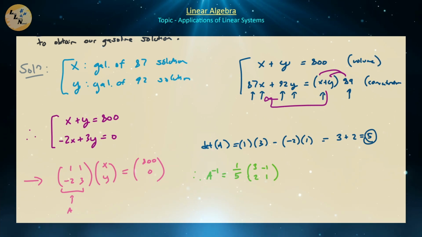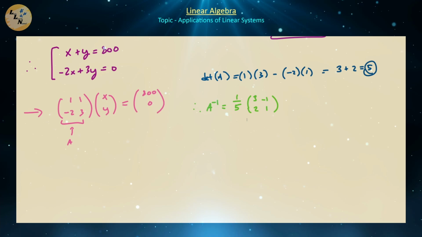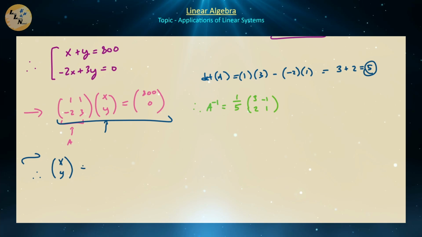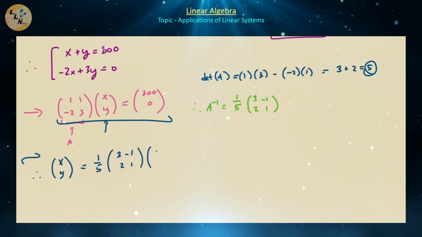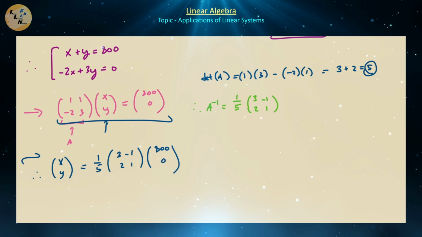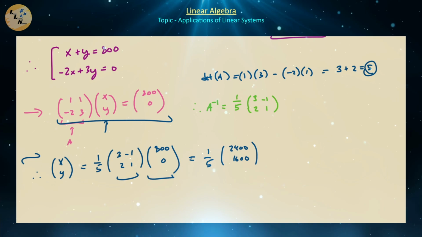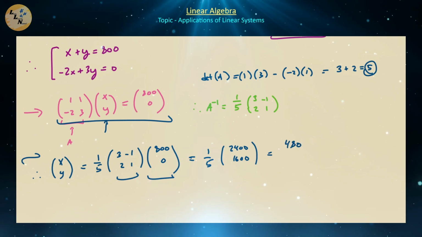So that's the inverse of our matrix A. If I want to solve this equation for x, y, I'm going to multiply both sides on the left by the inverse of matrix A, and I'm going to have that x, y is equal to 1/5 times the matrix 3, minus 1, 2, 1 times this vector 800 and 0. Once I multiply that matrix and that column vector together, that's going to come out to 2400 and 1600, and don't forget to divide that by 5, and we're going to have 480 and 320.